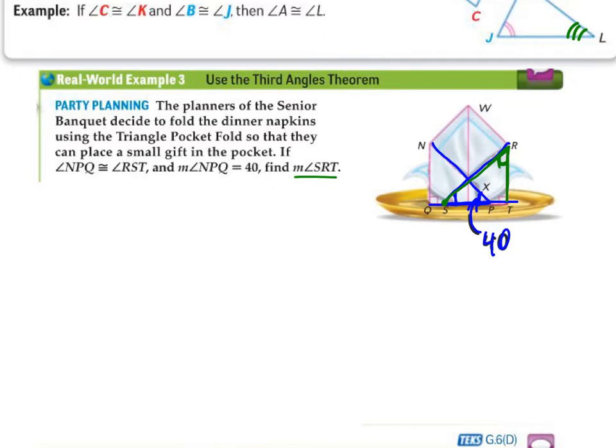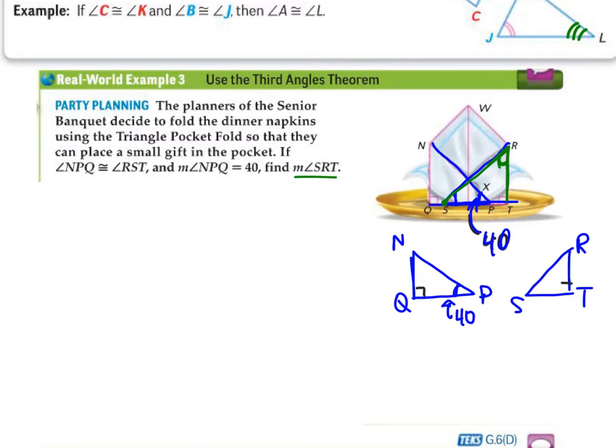So let's take this angle picture apart. I have NPQ. We know P is 40. And then we also have SRT. Both of these are right triangles. Sometimes it's easier to visualize two separate triangles than it is to picture what's going on in the middle.